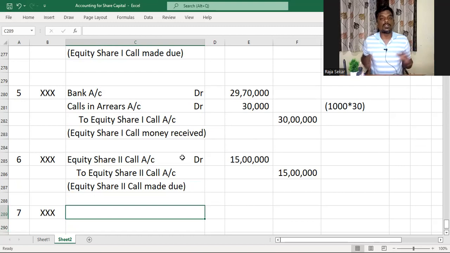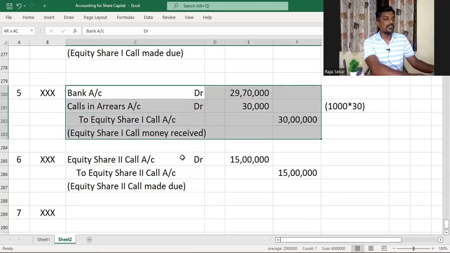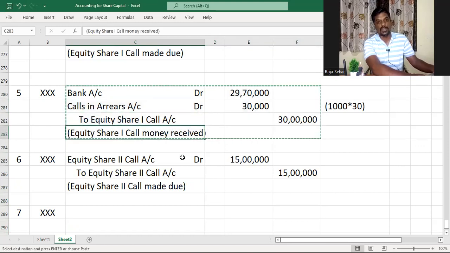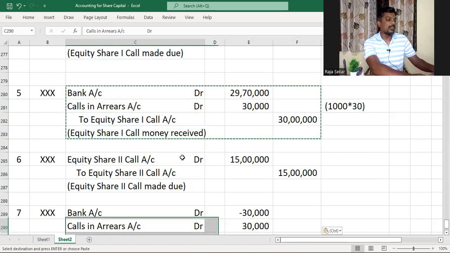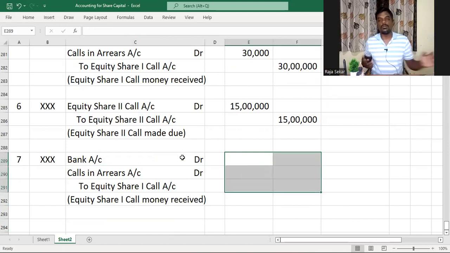Now it's time for us to receive the money. And when you look at it, Harini is someone who has not paid the first call. So do you think she would have paid the second call? She would not have. Even if she had paid, that amount would be set off against first call. And if she had paid extra, only then it will be set off against second call. But the question does not say that Harini has paid.